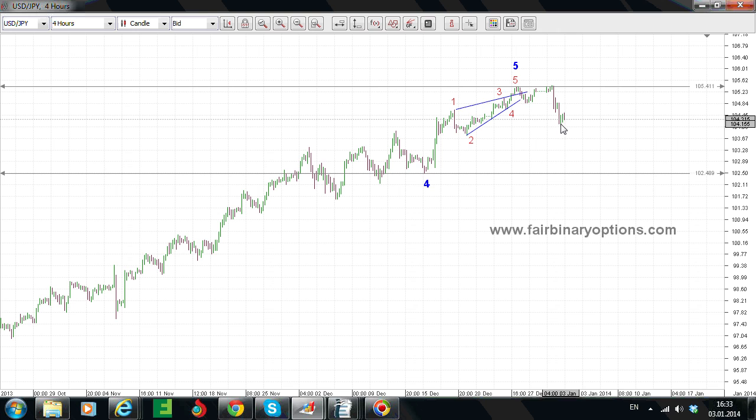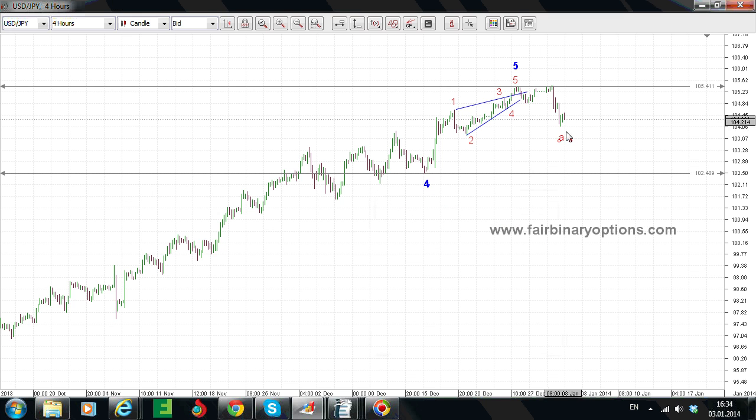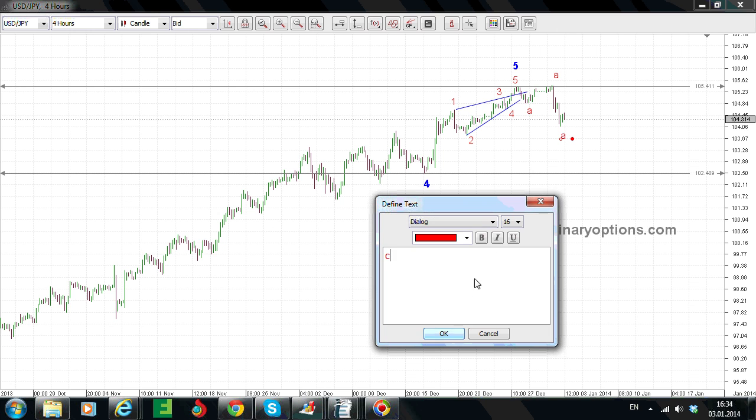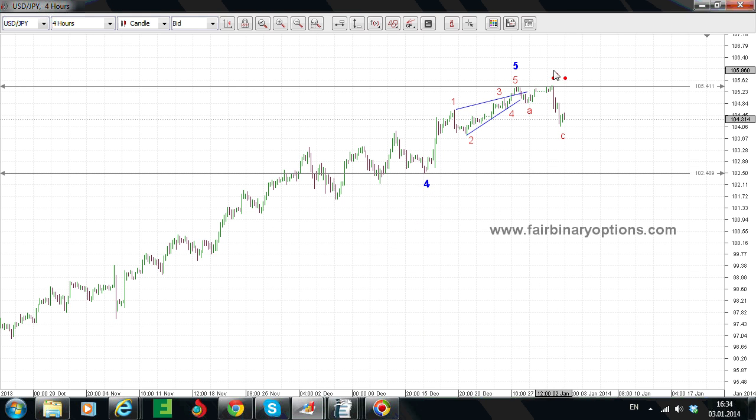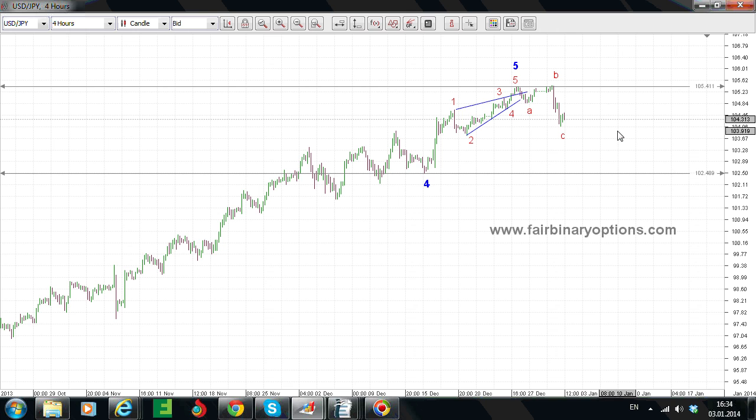Not only that it looks like an elongated flat, but the B wave here retraces more than 100% when compared with the previous wave A. So this, I would say, is only wave A here, and the B wave here, and the C wave to the downside. So, A, B, C. What to look for next?